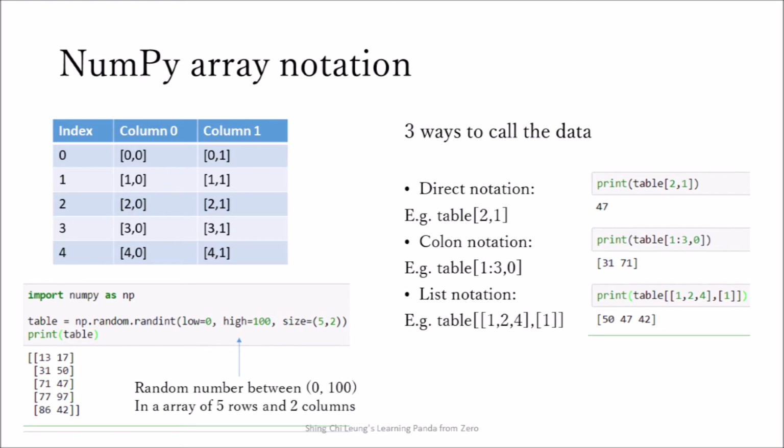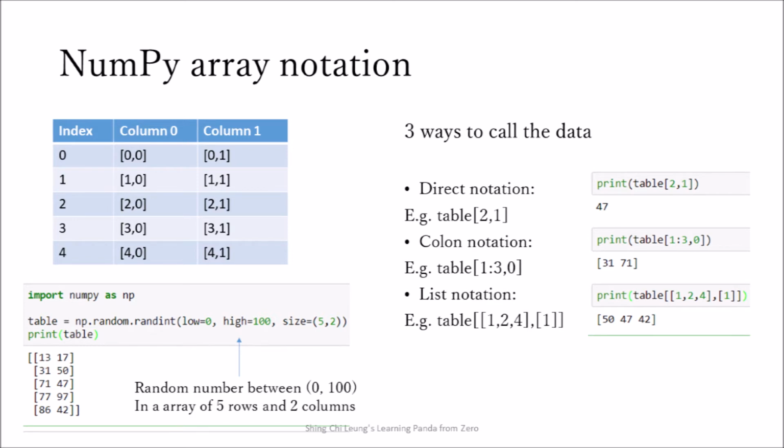This is the same as a list: you simply state the starting row and column number and the ending row or column number. NumPy generates an array which stores this subarray for you. For example, 1 colon 3 and 0 will correspond to rows 1 and 2 and column 0. Notice that we can only use one colon notation in each call, or otherwise NumPy will complain about a broadcast error.